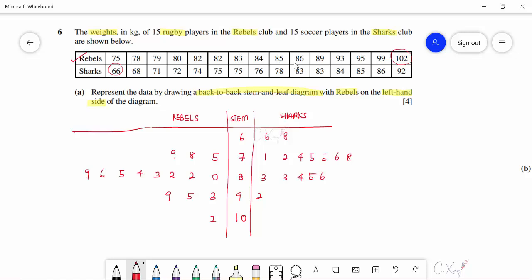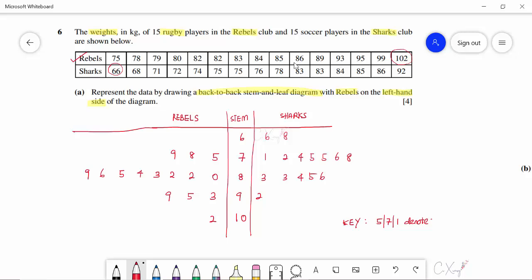And then after you complete your stem and leaf diagram, don't forget to always put a key. You can simply take any set of values and write out what the numbers denote.